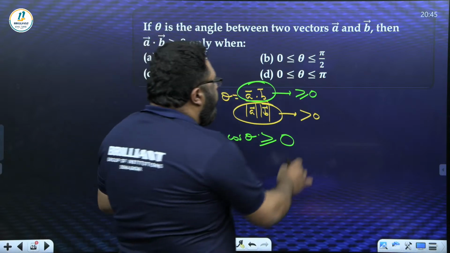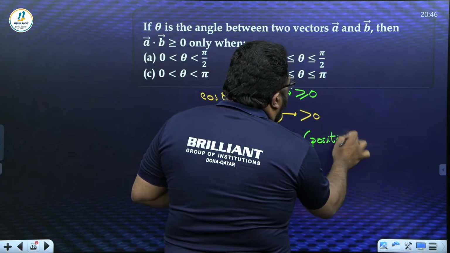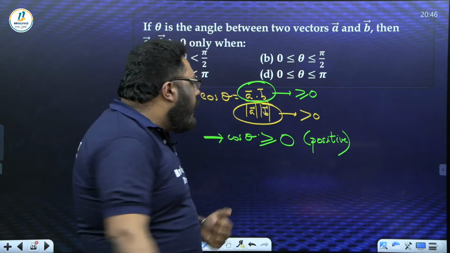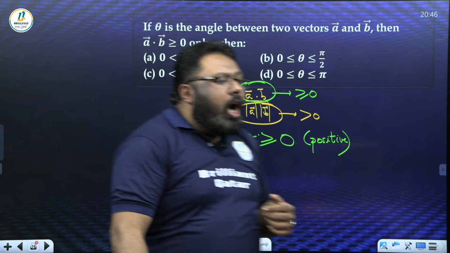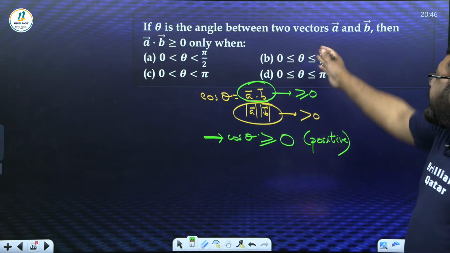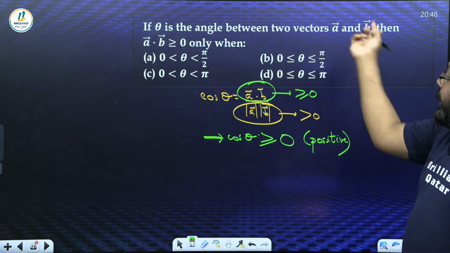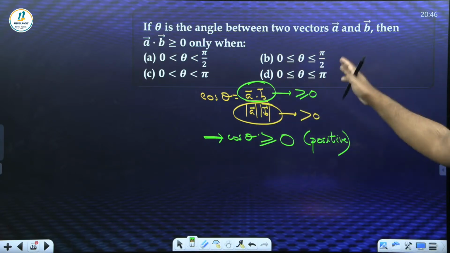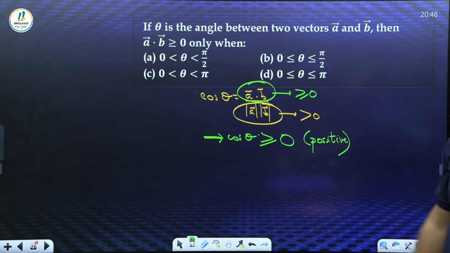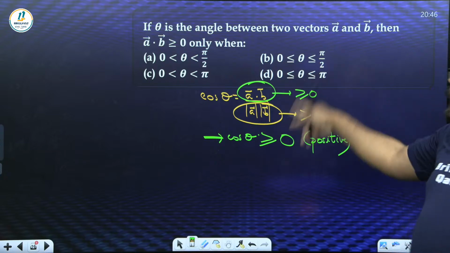Meaning positive including 0. So which option do you think theta is going to be? Come on, my dears, just think. Is it option A, 0 to pi by 2 excluding 0 and pi by 2, or 0 to pi by 2 including both, or 0 to pi, which is the first and second quadrant, including 0 and pi?